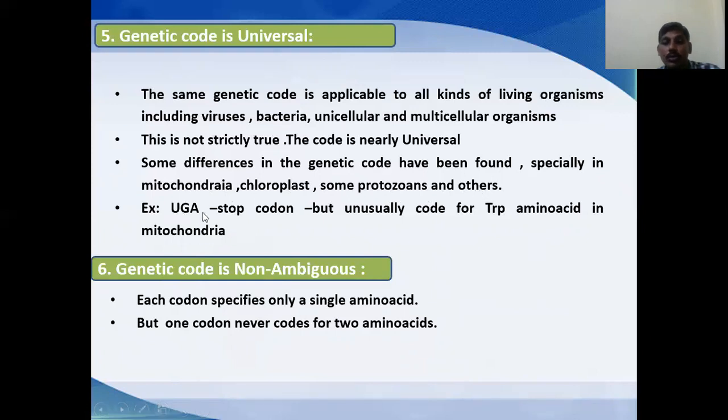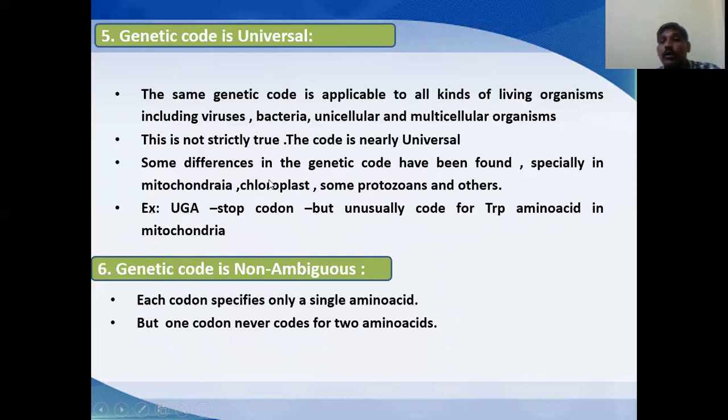For example, UGA normally helps terminate protein synthesis and does not recognize any amino acid, but unusually, in mitochondria this codon identifies the amino acid tryptophan. In the extranuclear genome, that means outside the nucleus, mitochondria and chloroplasts have their own DNA carrying genetic messages.